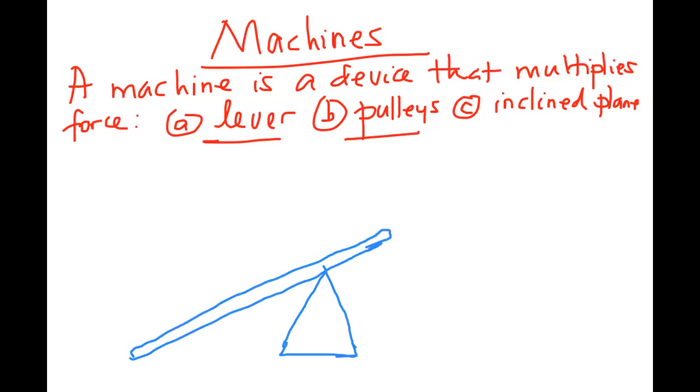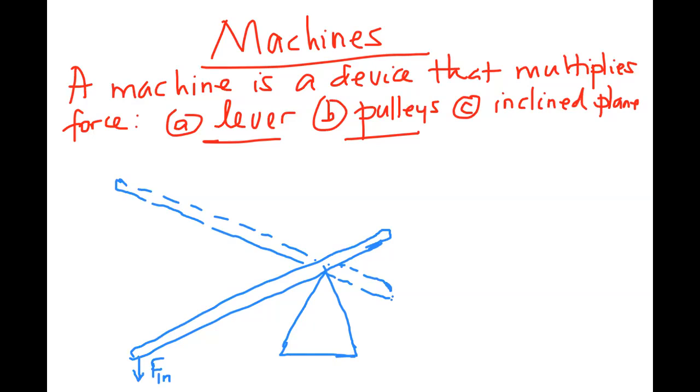And if I try to look at a different position, a different position can be drawn here. I'll use a dotted line to show a different position of the lever. Now, a lever, when you push it down with a small force here, we call this force input.